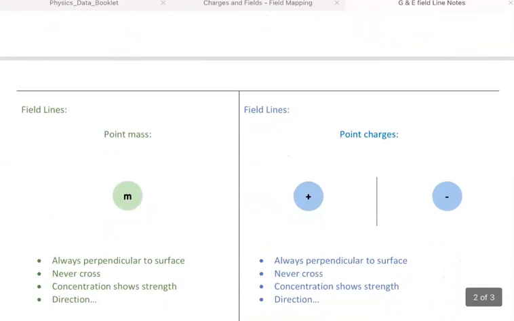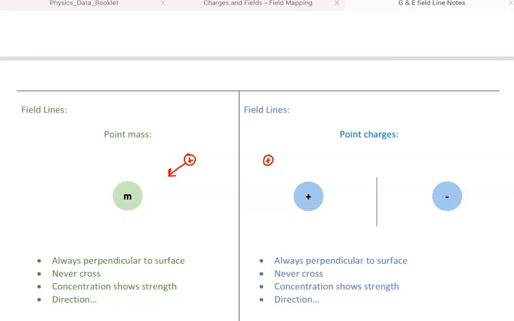As we look at point masses and point charges, there are some rules to go with this. But before we move forward, think about this: what if I were to place some mass right here? Of course it's positive because all masses are positive. What force would it feel? It would feel an attractive force. What if you placed a positive charge over here?